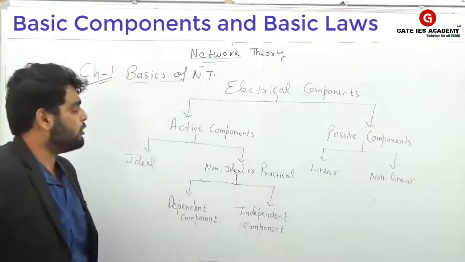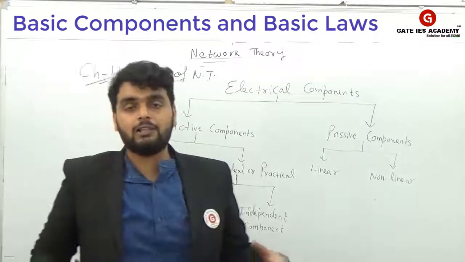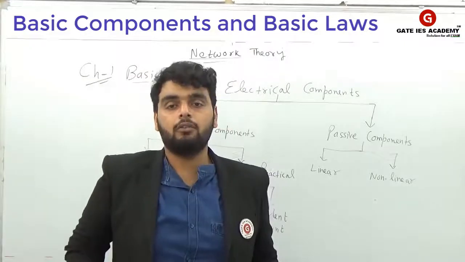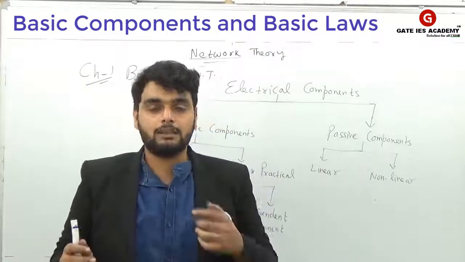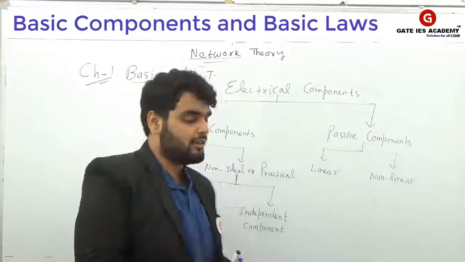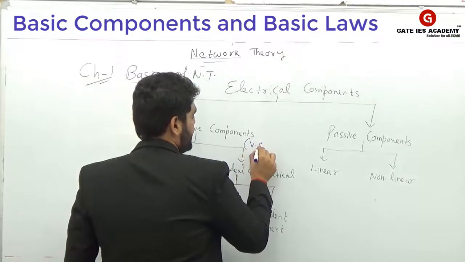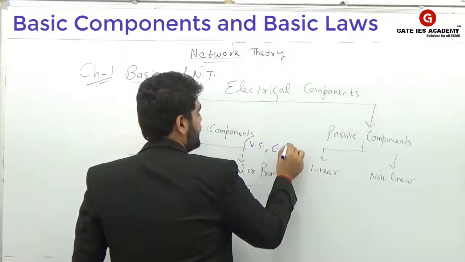I have already told you about active and passive. Active components actually deliver power, deliver energy, for a large amount of time. And what were its examples? Voltage source, current source.